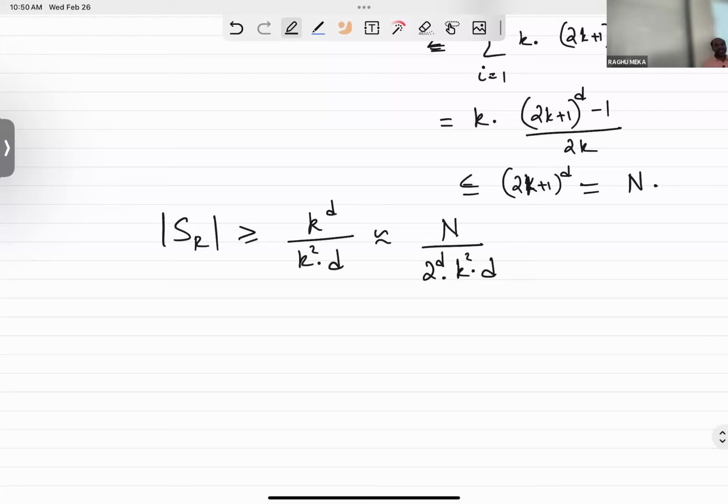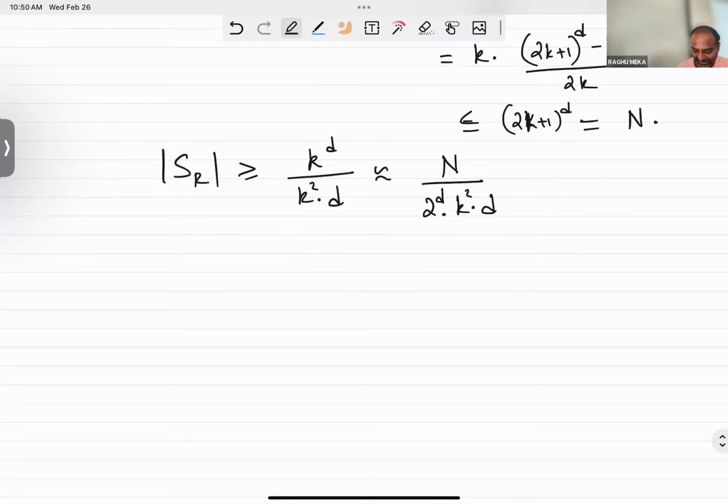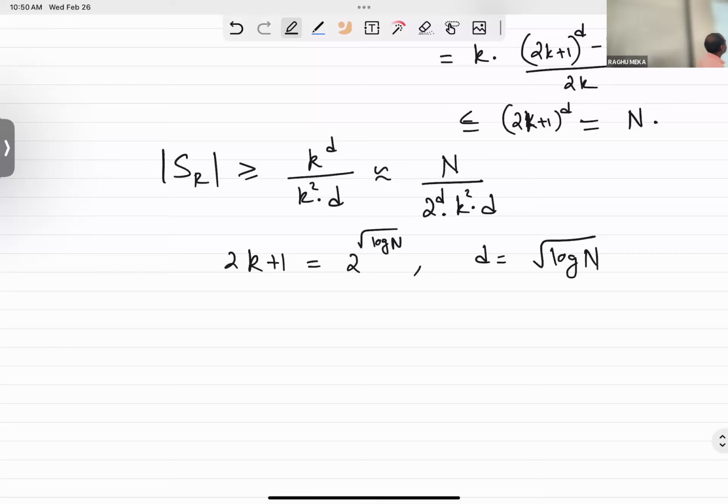So if you balance these two things, forgetting the constants, you can set this to be something like this. If I set k to be roughly equal to 2^d, that's when we get the right balance.